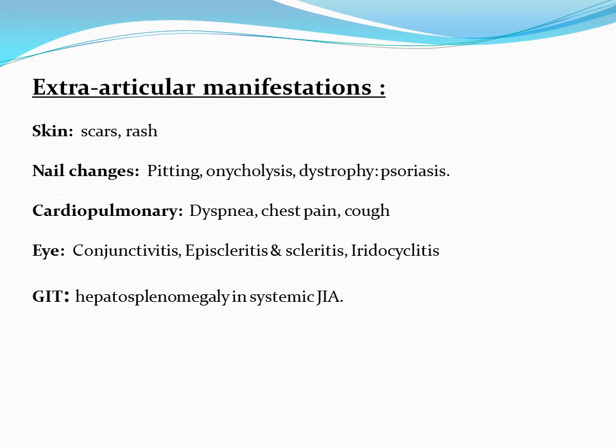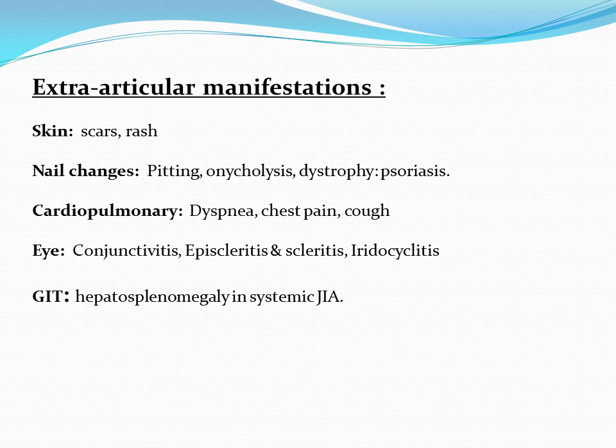We should ask about extra-articular manifestations which can help us in the diagnosis, such as skin manifestations like rash or salmon pink rash in cases of systemic JIA, nail changes such as pitting in cases of psoriatic subtype, and any cardiopulmonary manifestation such as dyspnea, chest pain, or cough, also in systemic JIA.